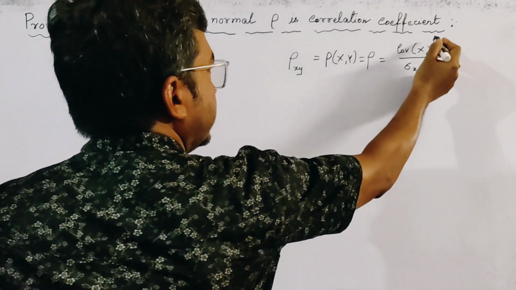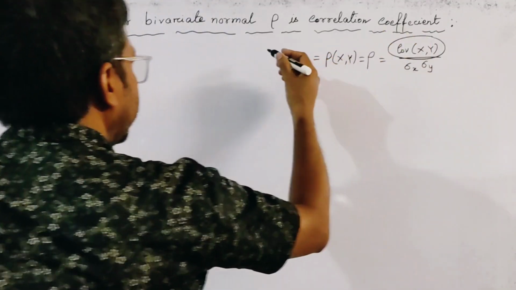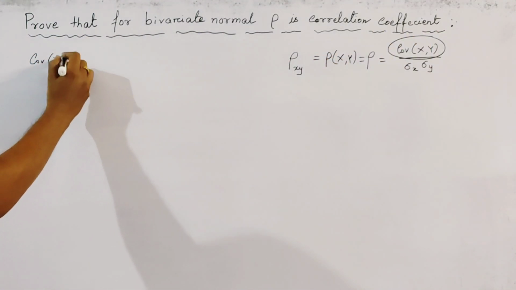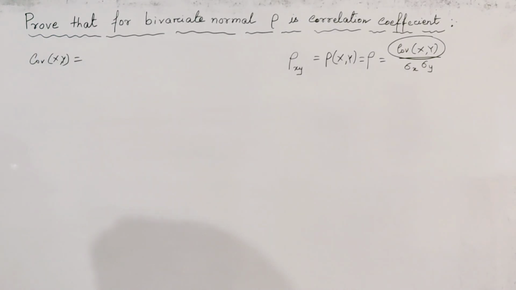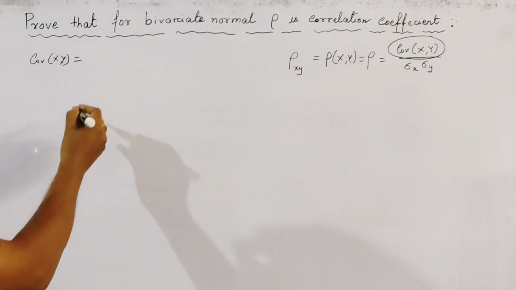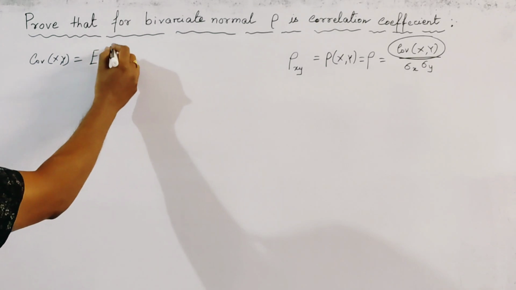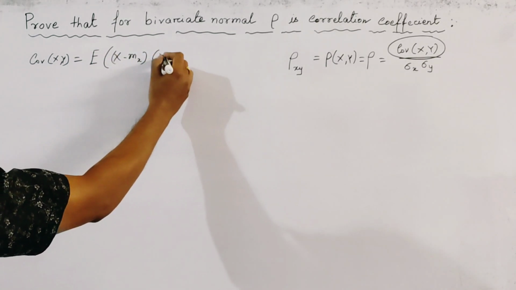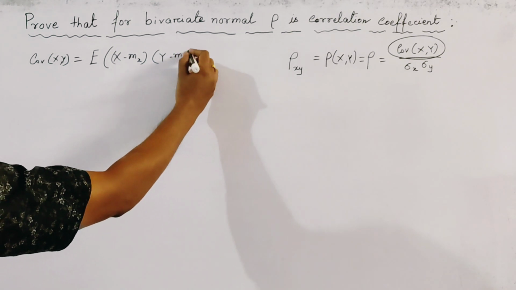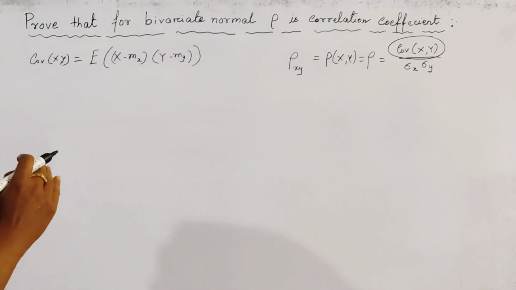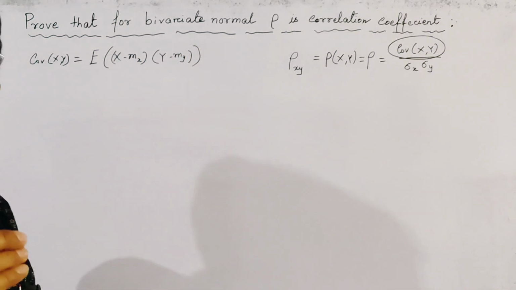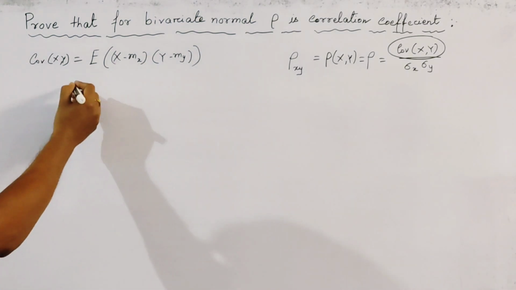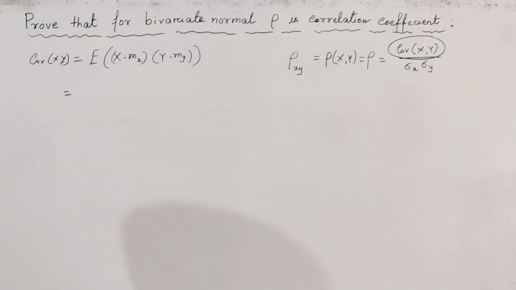Now we start with cov xy. We first write cov xy. The definition of covariance of two random variables x and y is given by expectation of x minus mx into y minus my, where mx and my are the mean of x and mean of y. Now, what is the definition of this expectation?